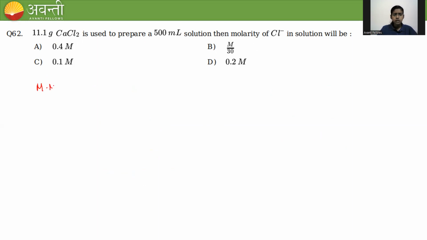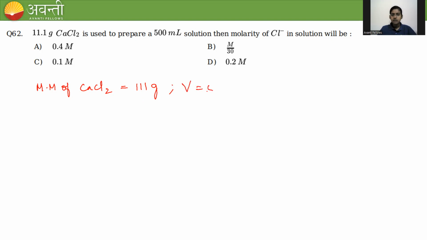The molar mass of calcium chloride will be equal to 111 gram. For calcium it is 40 and for chlorine it is 35.5 and we have two chlorines. So 71 plus 40 will get 111 gram. This is the molar mass of calcium chloride.